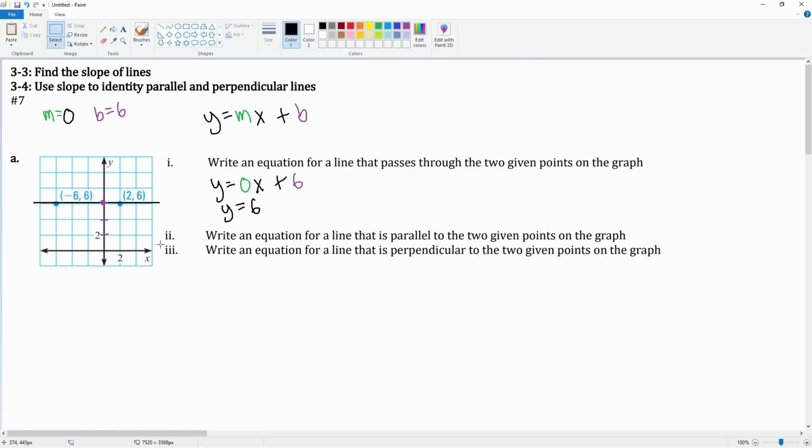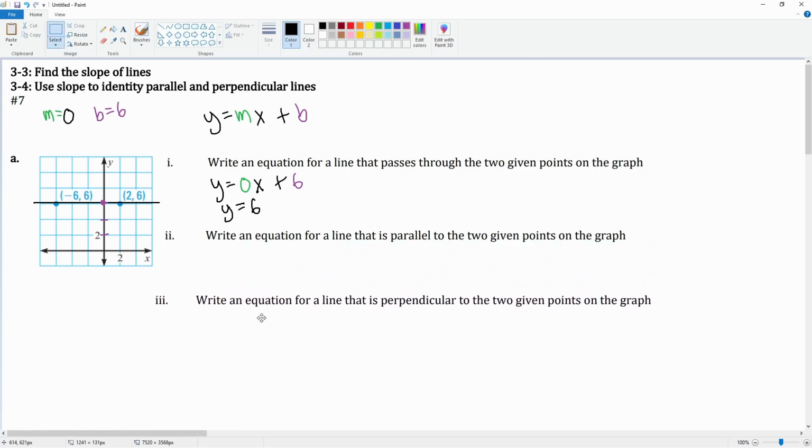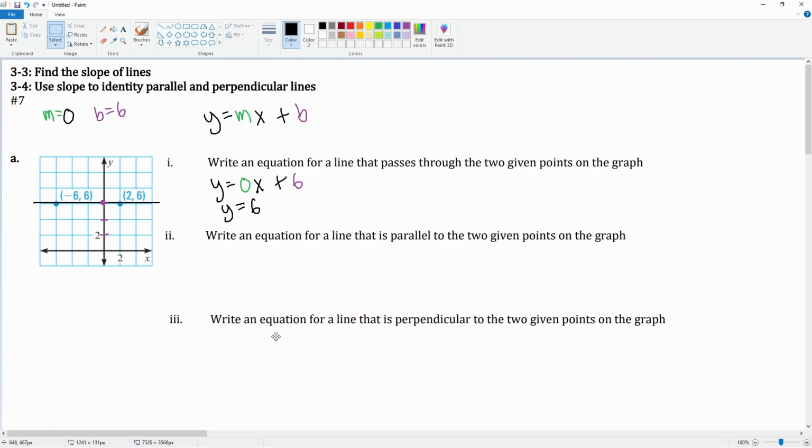We would like now an equation of a line that is parallel to that. So the slope m is equal to 0. The slope of a parallel line, m parallel, is going to be the same thing, equal to 0. So we can just write the same equation from before: y is equal to 0 for the slope, x plus the y-intercept, which is b.